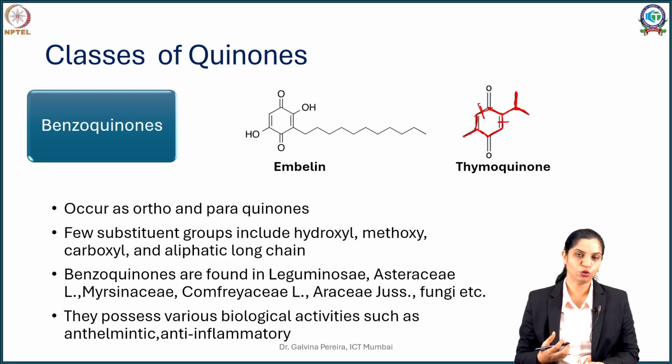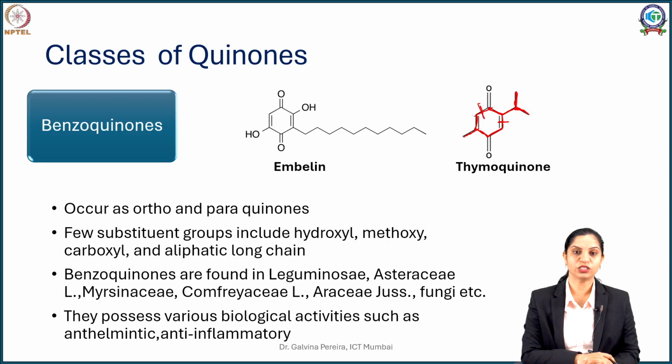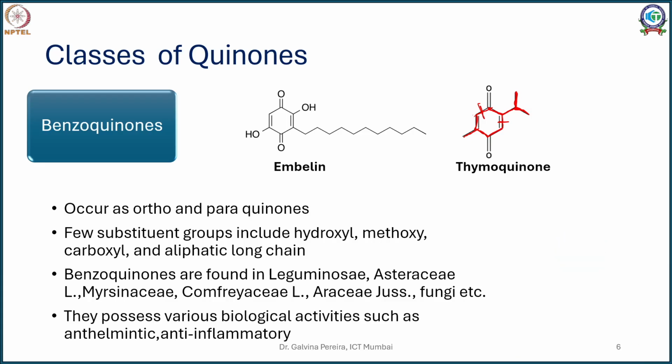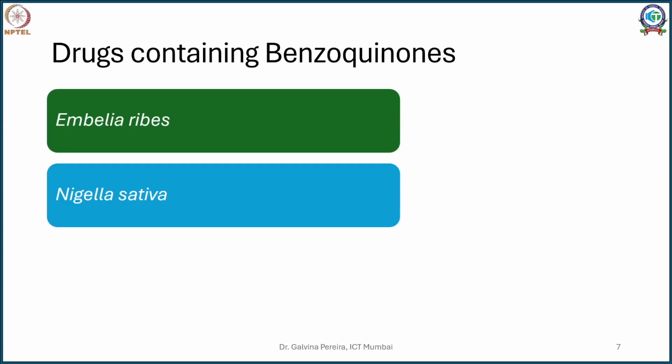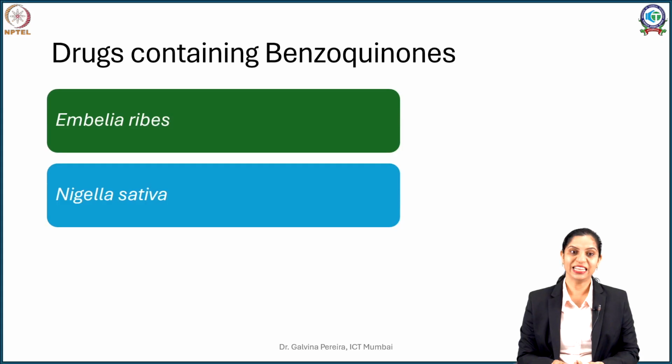So they also show to a certain extent anthelmintic properties, especially quinones such as embelin. Now let's take an example of drugs containing benzoquinones. In today's session, we will study two drugs containing benzoquinones, and that is Embelia ribes and Nigella sativa.